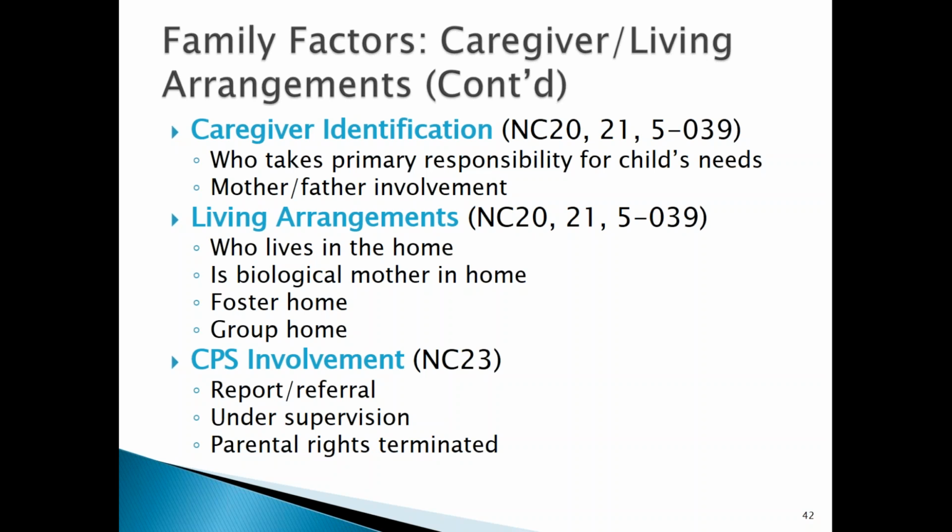It also includes things like living arrangements: who lives in the home, is the biological mother in the home, is the child in a foster home or group home. And then finally, there's a form specifically related to CPS involvement. So for example, has there been a report or referral to CPS? Is the family under supervision, or have parental rights been terminated?